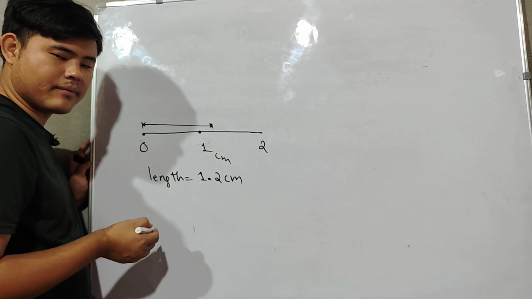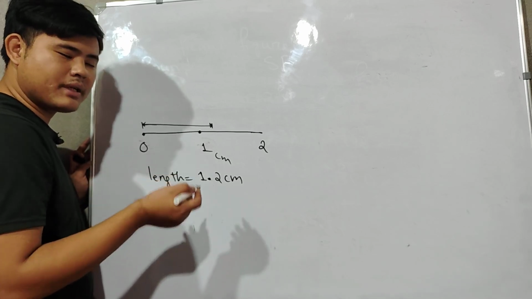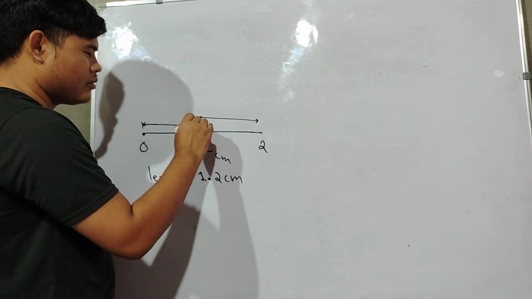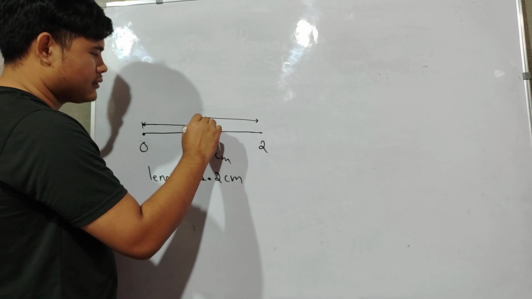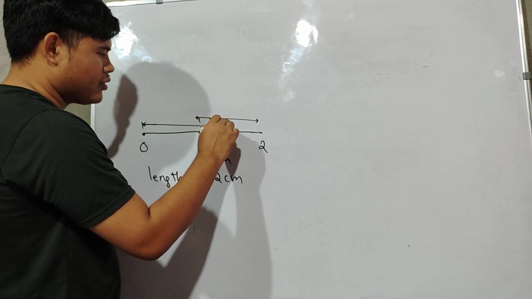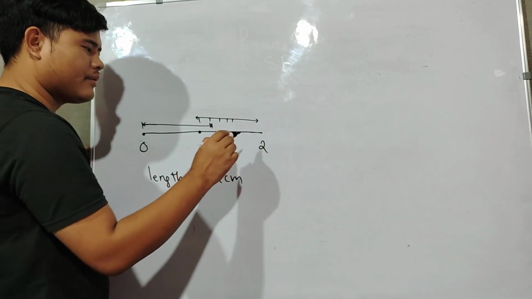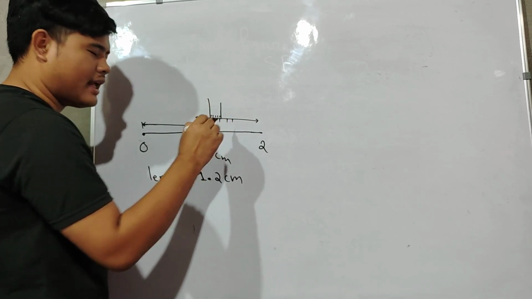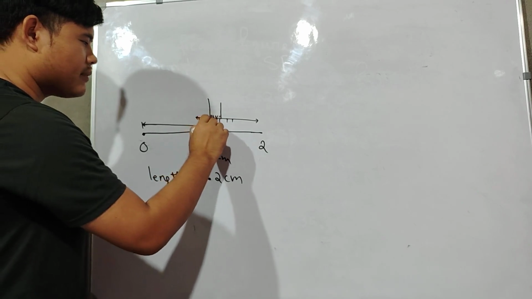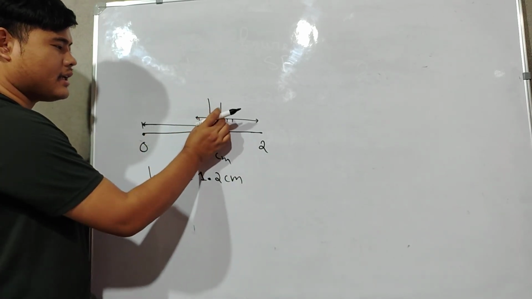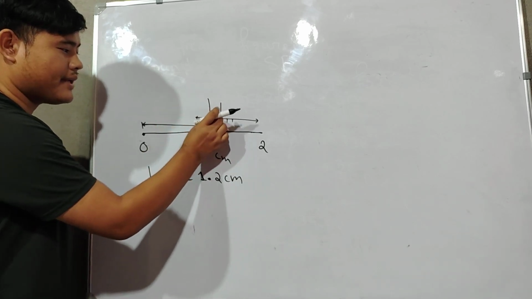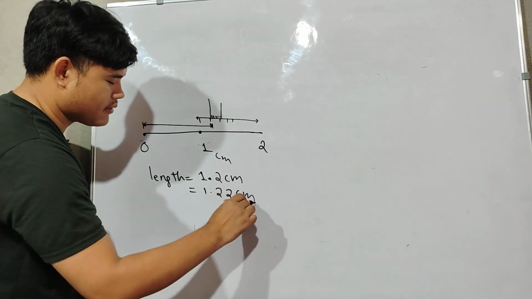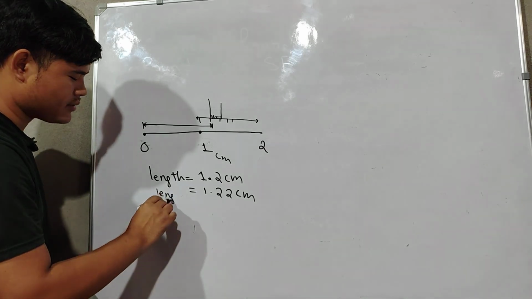Some of you may measure it differently: 1, and then 2, 3, 4, 5, 6, up to 10. You can see that in between there is also some length, so some of you may think that after dividing into tens, it will be something like 1.22 centimeters.